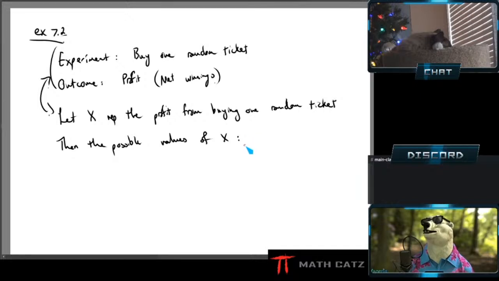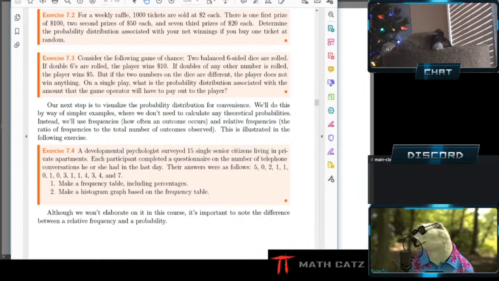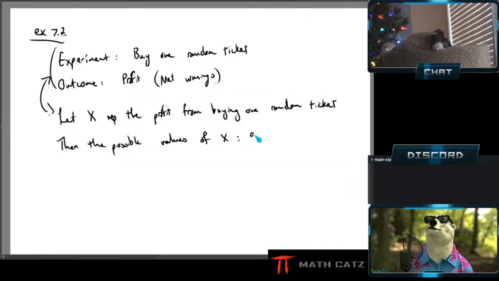Now understanding that it represents the profit, let's go back to the question and see. Well, what's my best case scenario here? I can win $100, but it costs me 2. So my profit is 98, and X represents the profit.